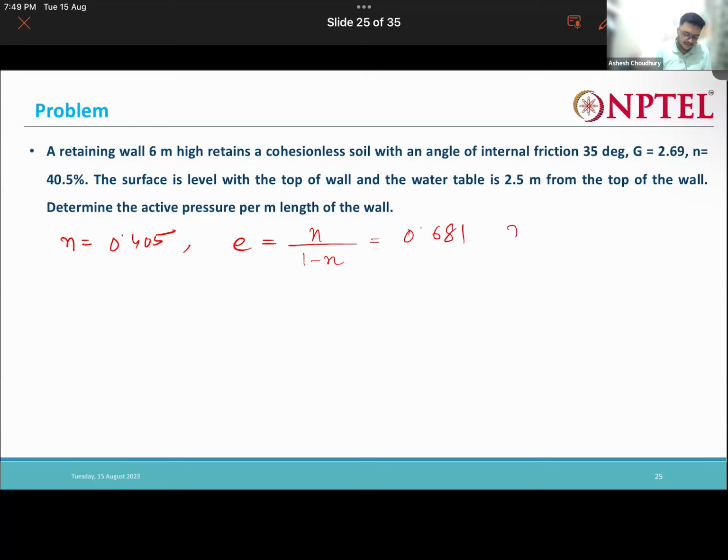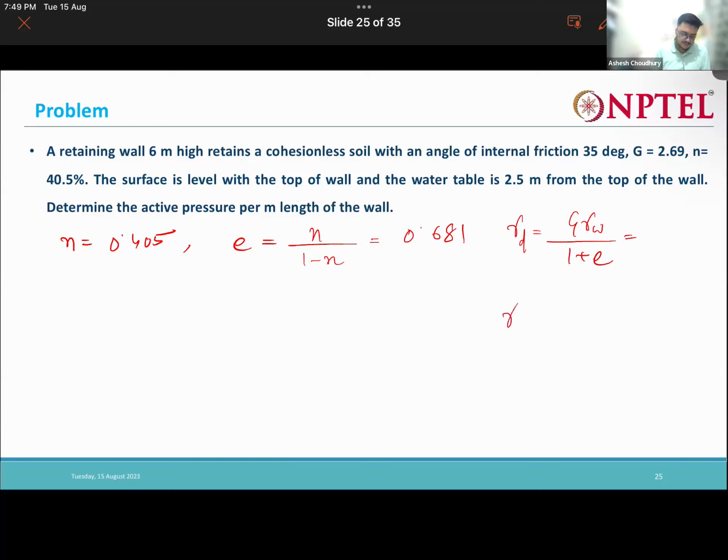Then find out the dry unit weight, G gamma W by 1 plus e. Please find that out. G is 2.69, gamma W you know 9.81, and 1 plus e. You can find out the dry unit weight.